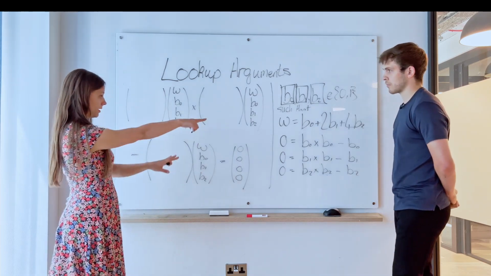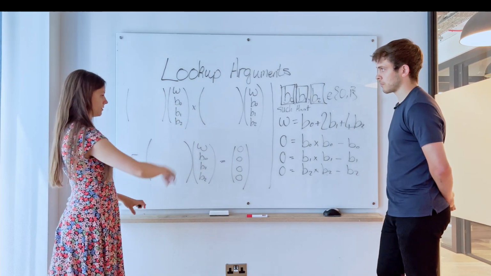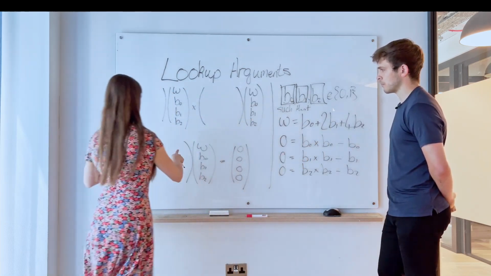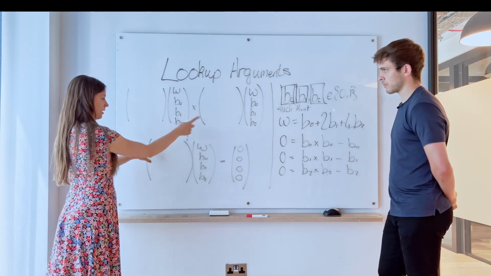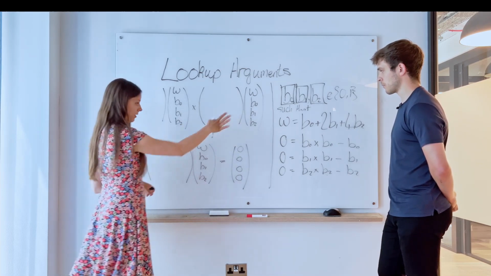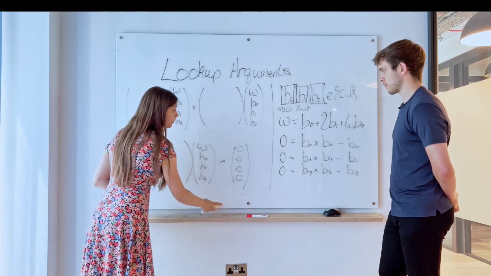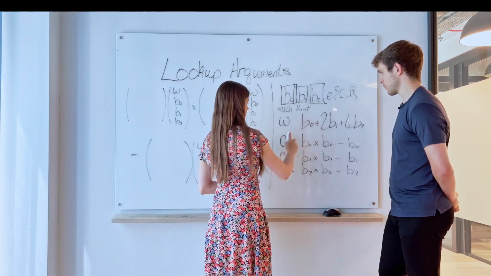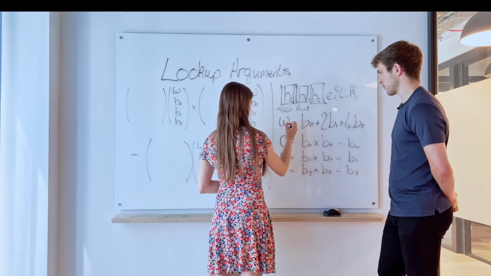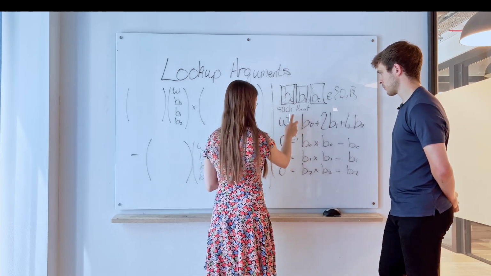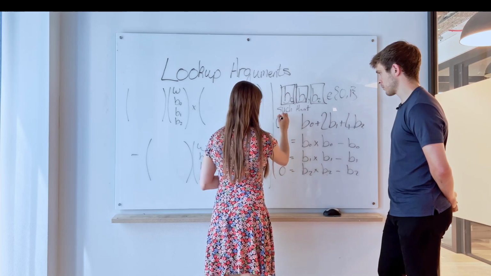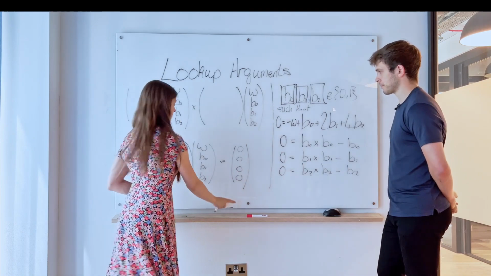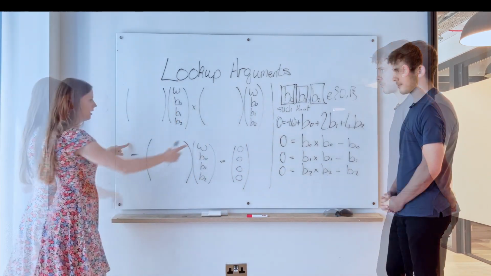So how do we actually do this? Well, for our first constraint, we don't have any multiplication gates, so we're going to look straight to this matrix. We see that we have W equal to B0 plus 2B1 plus 4B2. So this can also be seen as 0 equals minus W plus B0 plus 2B1 plus 4B2.